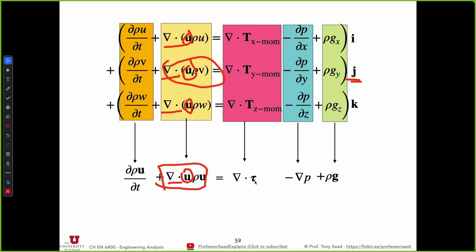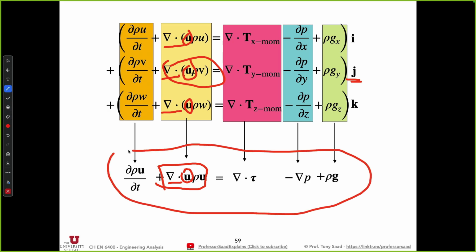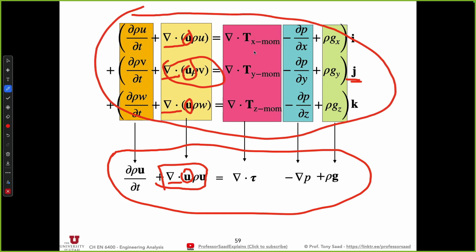There's going to be a curse of dimensionality coming at you in the next slides, okay? But it's going to elevate your thinking, because I claim this single equation represents all of these equations which have so many terms.